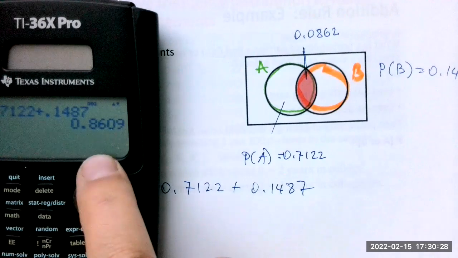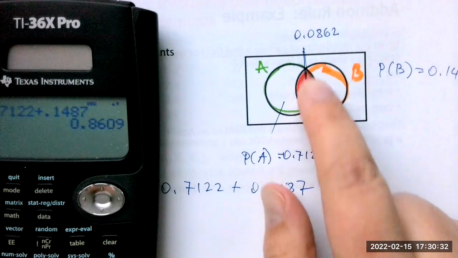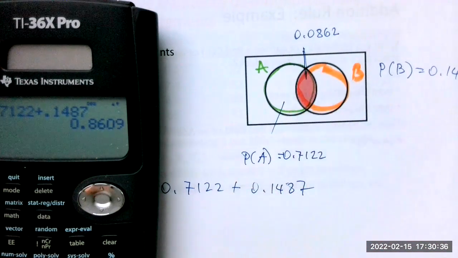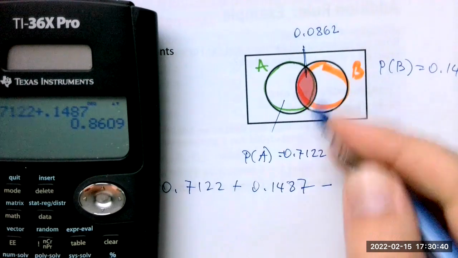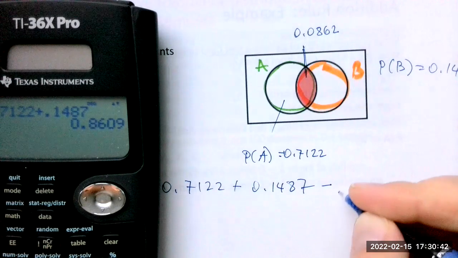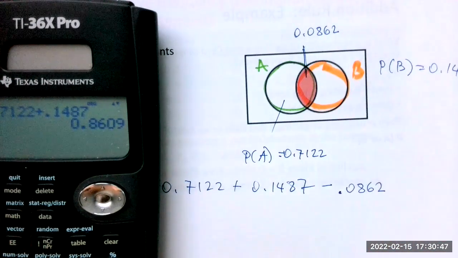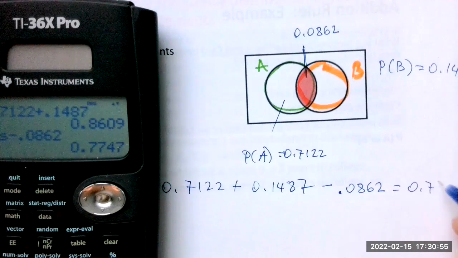We get 0.8609, but like I mentioned, that includes the part where they overlap twice. So what we need to do is subtract the area which corresponds to 0.0862. So minus 0.0862 will give me the probability of 0.7747.